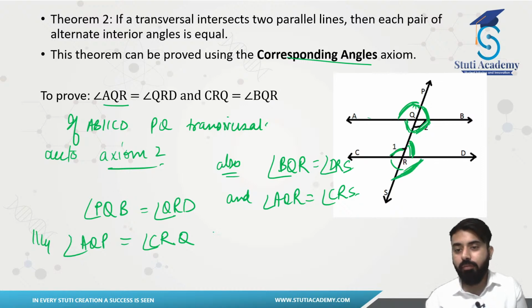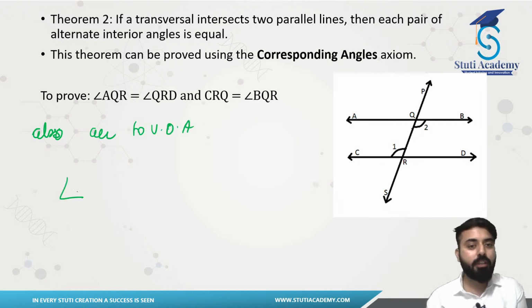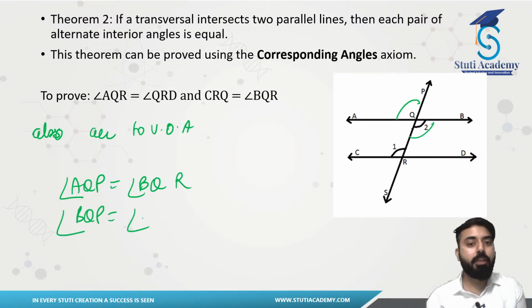Now I know all these four pairs of angles are equal, and I also know according to vertically opposite angles, angle AQP will be same as angle BQR, right? This angle will be same as this one. Angle BQP will be same as angle AQR, right?